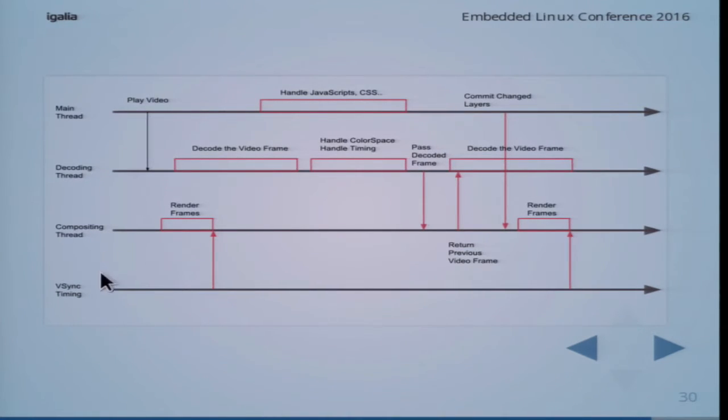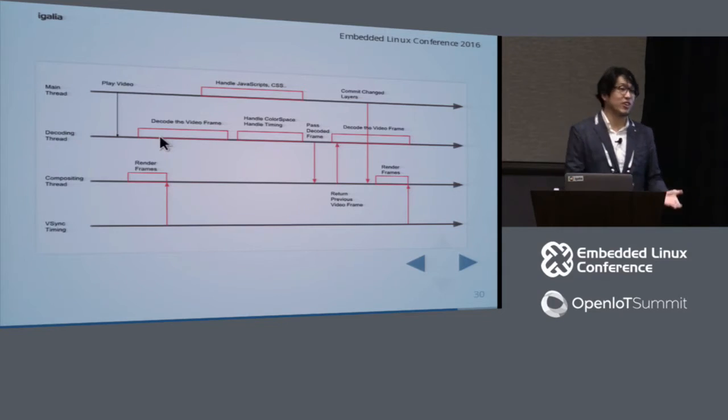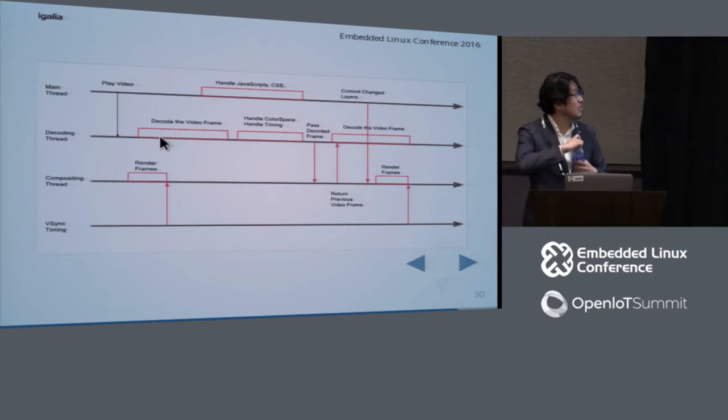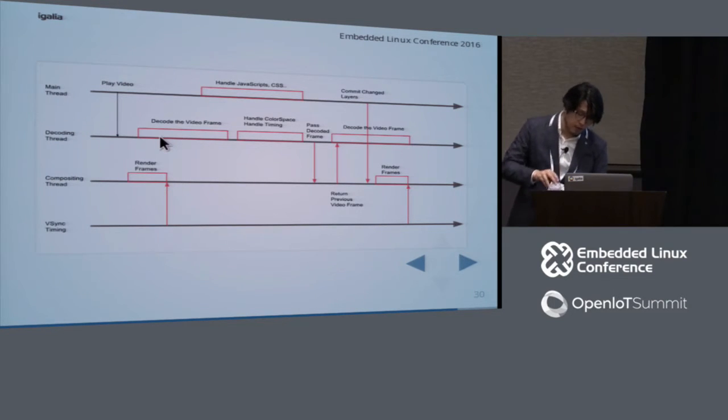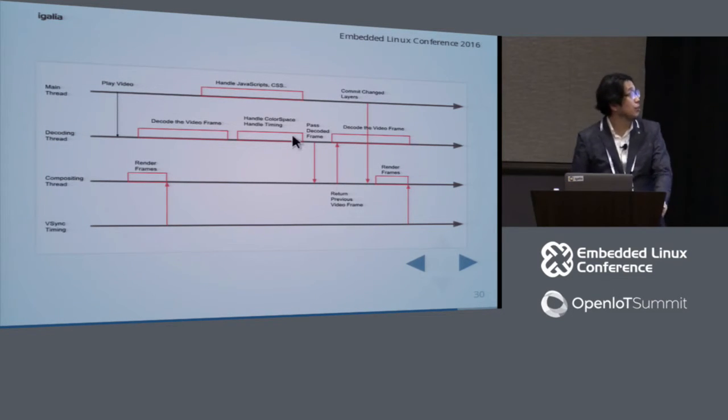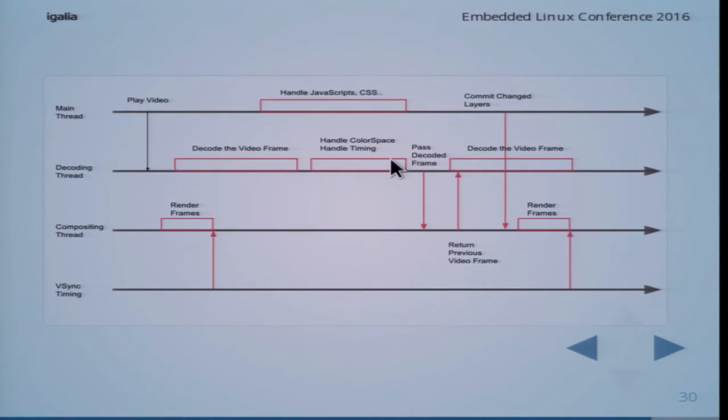The previous frame is rendered in the compositing thread, while the decoding thread starts decoding the first frame. It would handle some color conversions or timing functions and pass the decoded frame to the compositing thread.